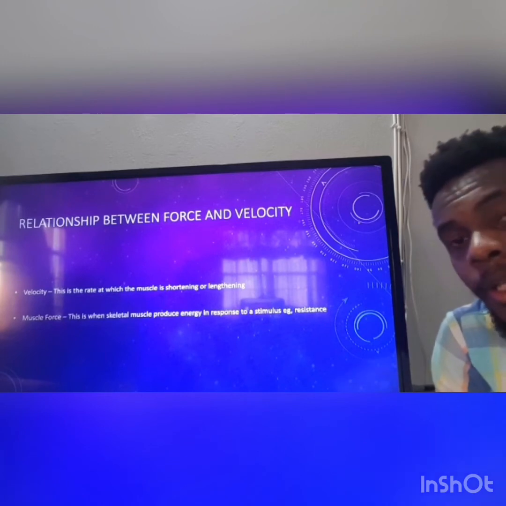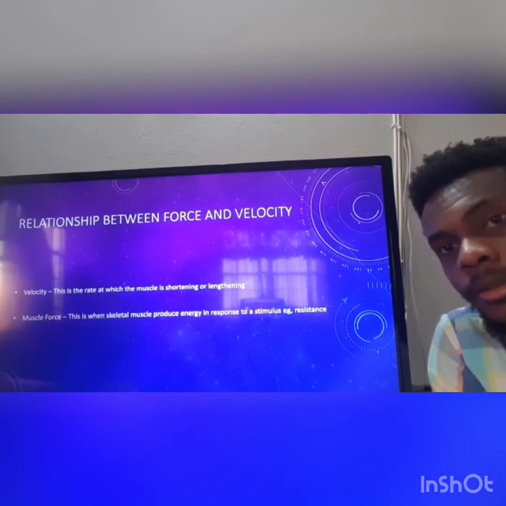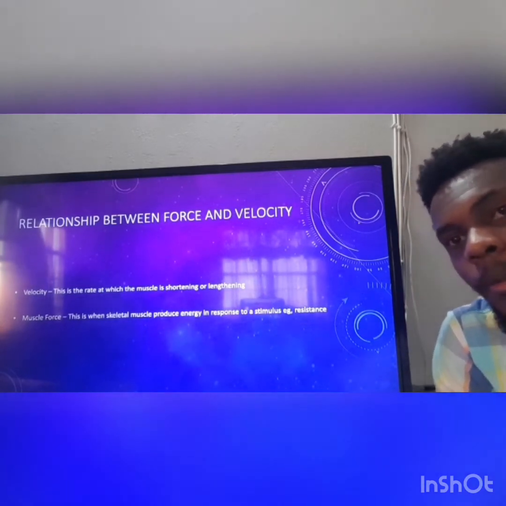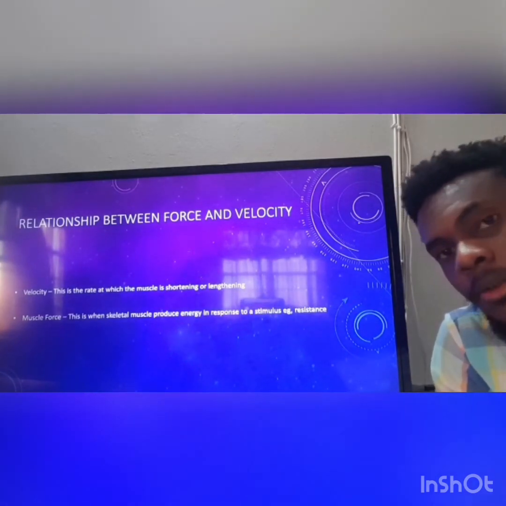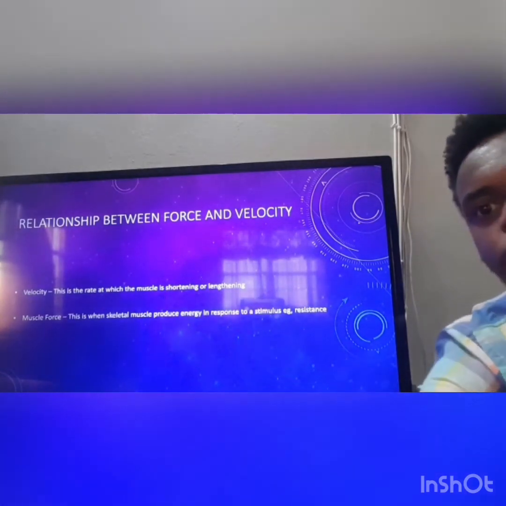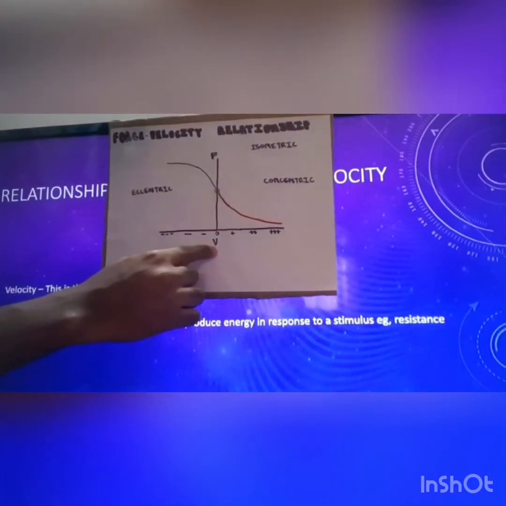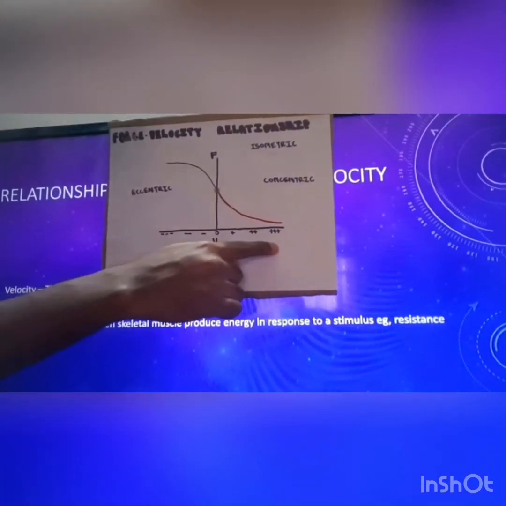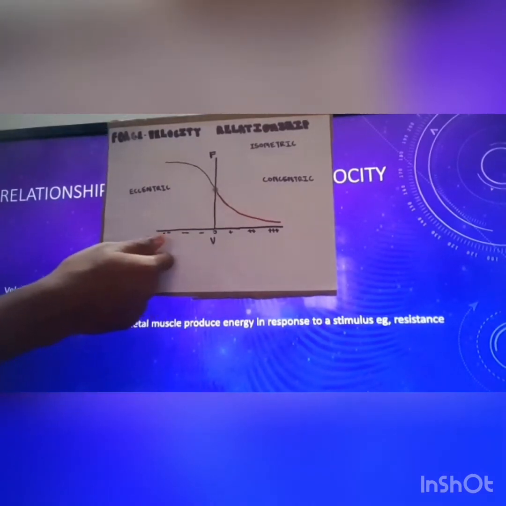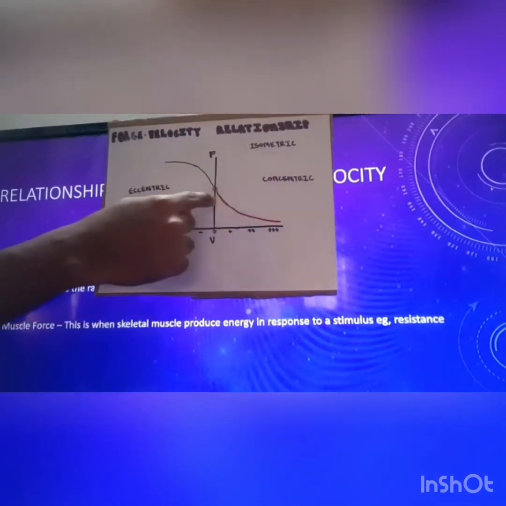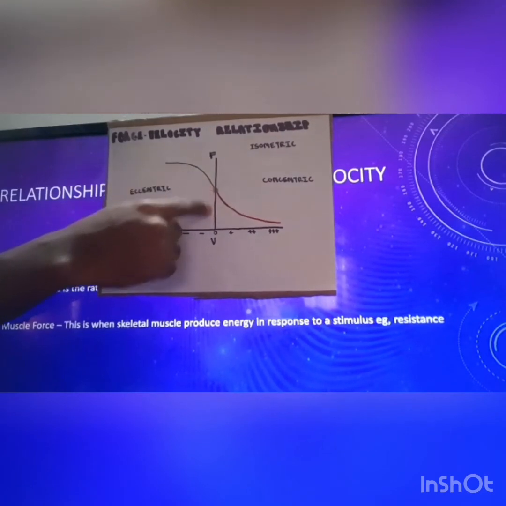Again, I have a next graph, and I think the graph would simplify it for a better understanding, right? Okay, so in this relationship, you can see the velocity here at 0. Going this way would make it positive, this way negative, right? So here is the isometric limit.